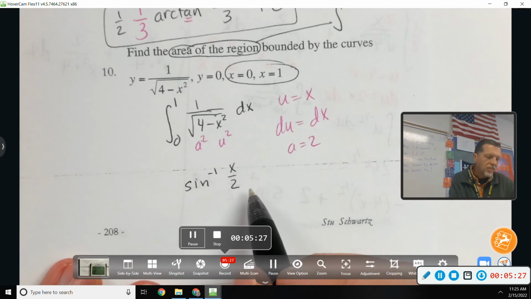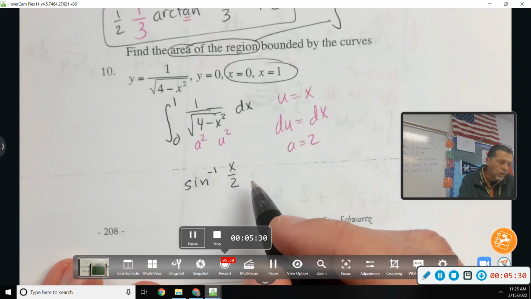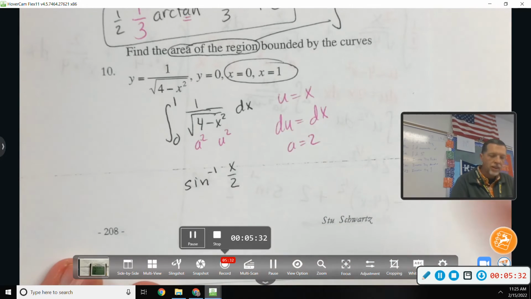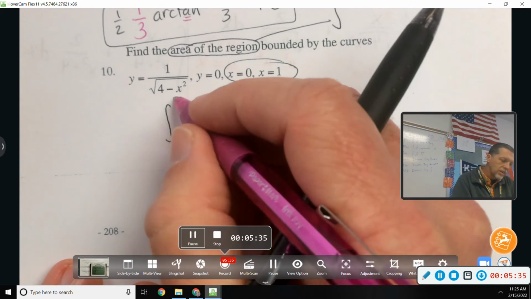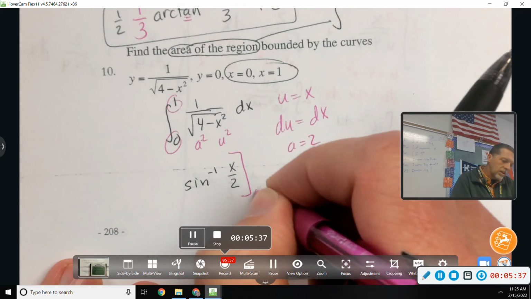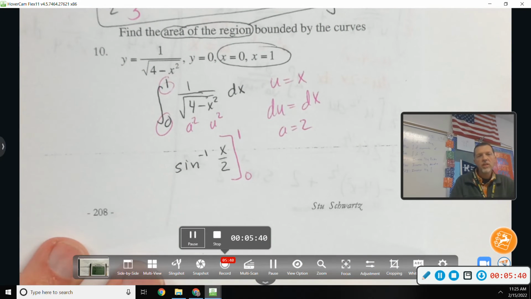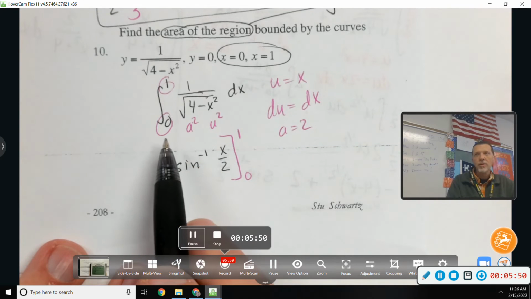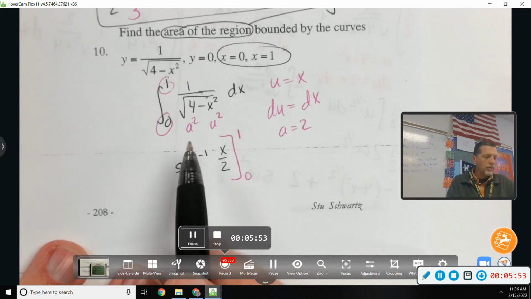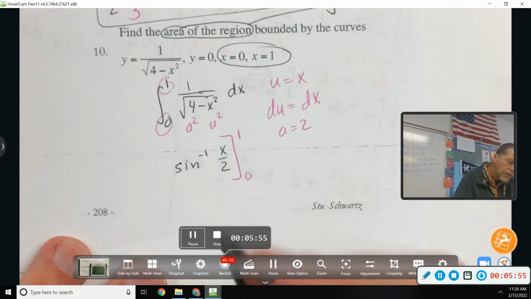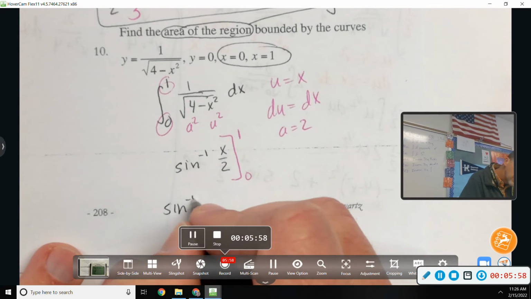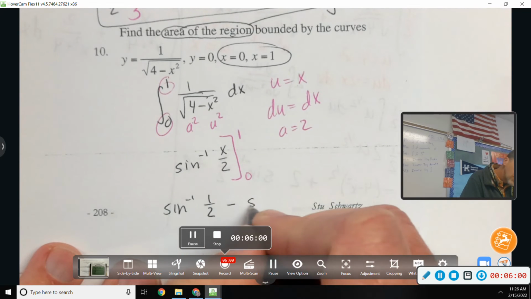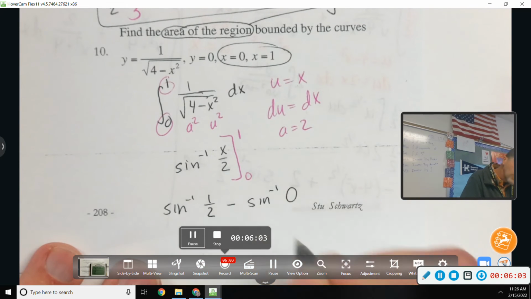Do I need a plus c on this? No, but I'm not done because what do I need to do? You need to plug in those limits or those bounds. So after you integrate, then top minus bottom. There's still a few people who don't integrate and then just go straight to plug in the top minus plug in the bottom. I think that would be a lot easier, but we need to integrate and then plug in the top minus plug in the bottom. So inverse sine of 1/2 minus inverse sine of 0.